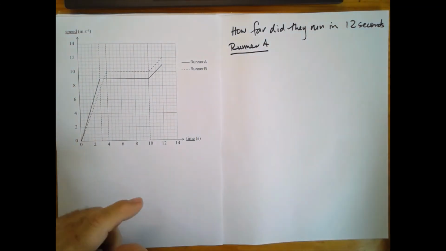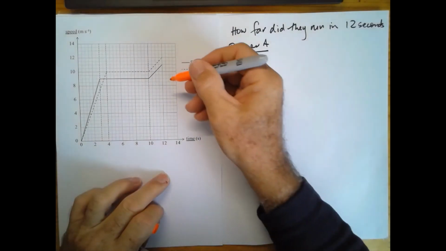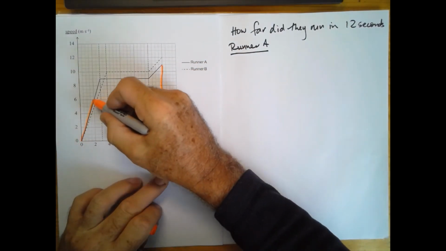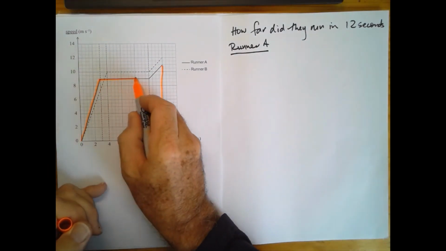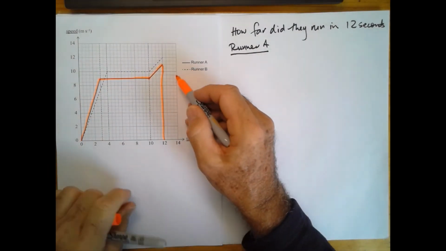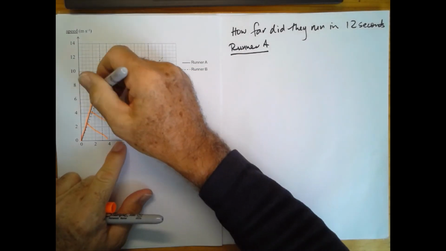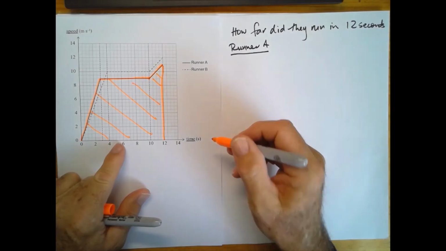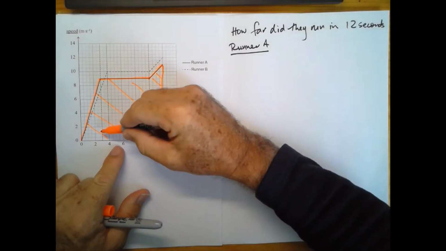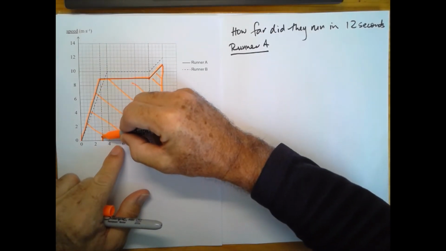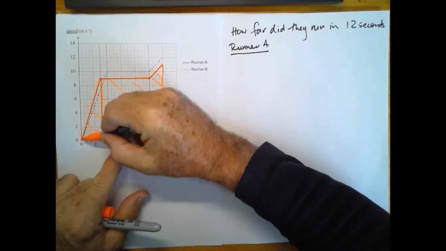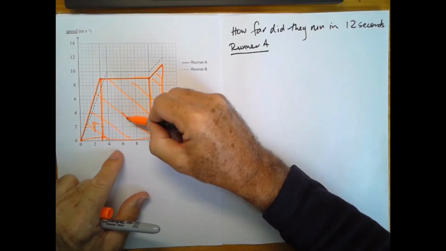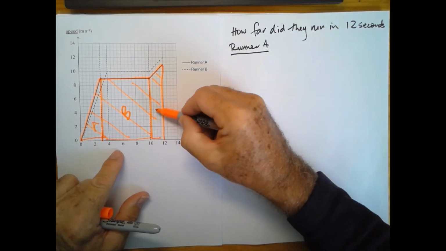We need to calculate the area under this graph for runner A. If we can work out the area under this graph, it will give us how far runner A has run in the 12 seconds. In order to do this, again, we'll divide it up into these 3 areas. Area A, area B, and area C.